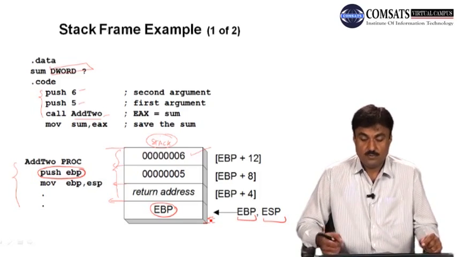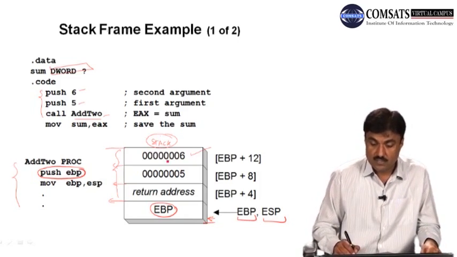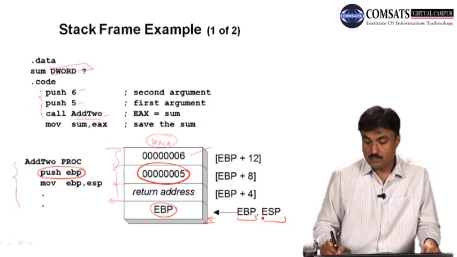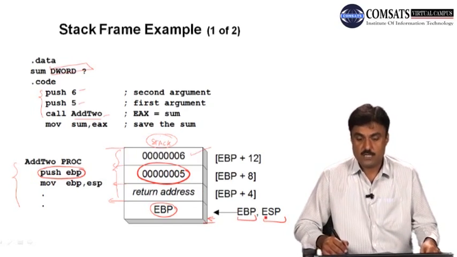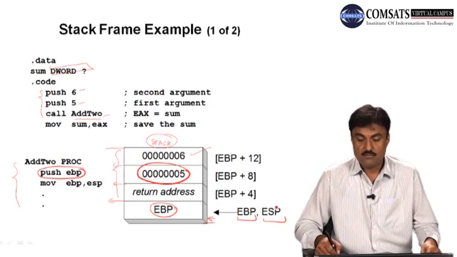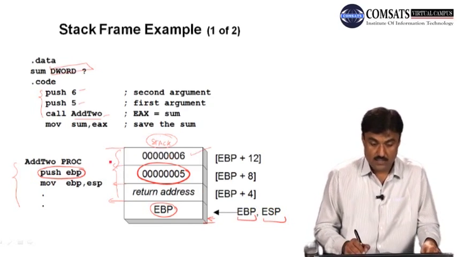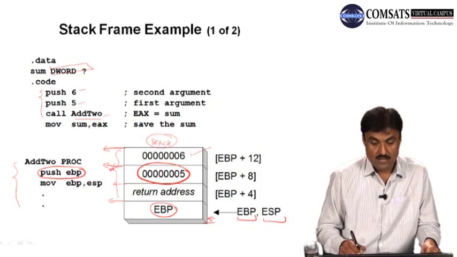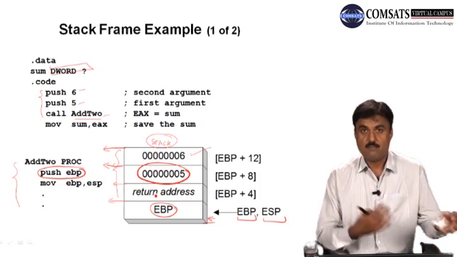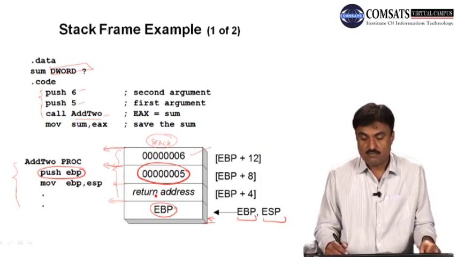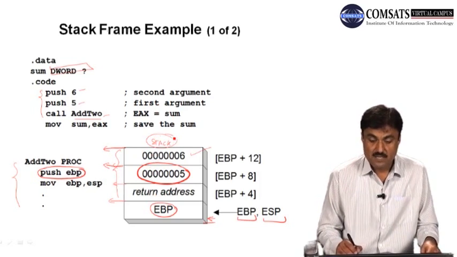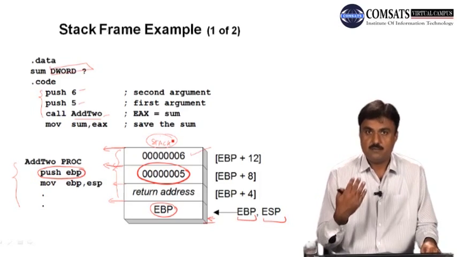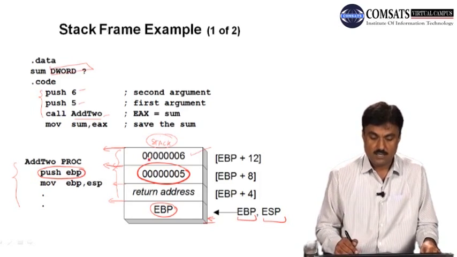Now for example, if we want to access this value, we can access it by using ESP, but the problem with ESP is you can change the value of ESP. If you change the value, then ESP will point somewhere else to access these values. However, when we return from the procedure, ESP must point to the return address.